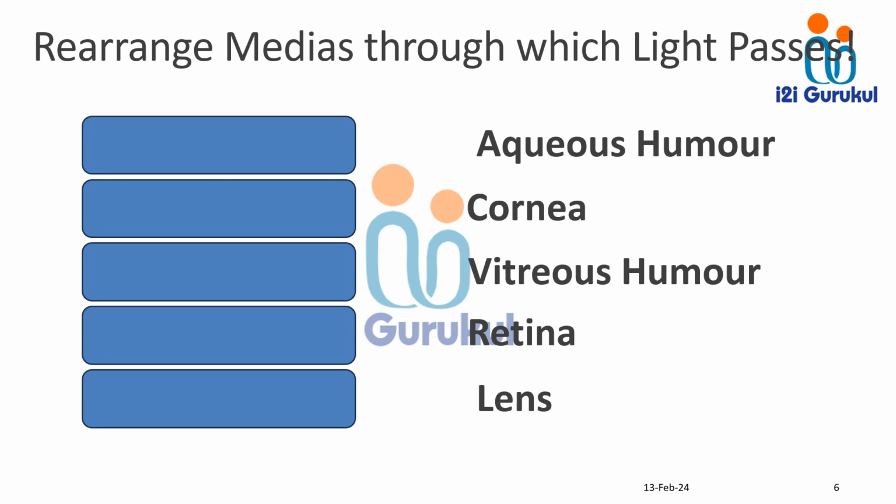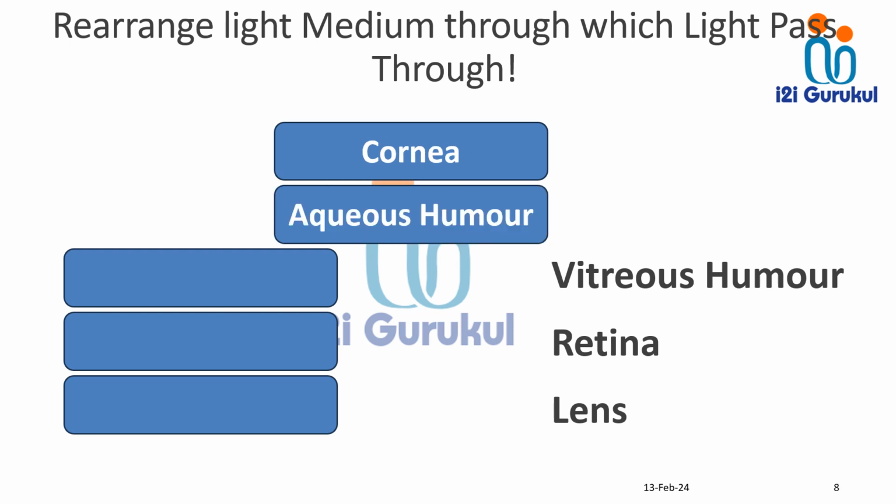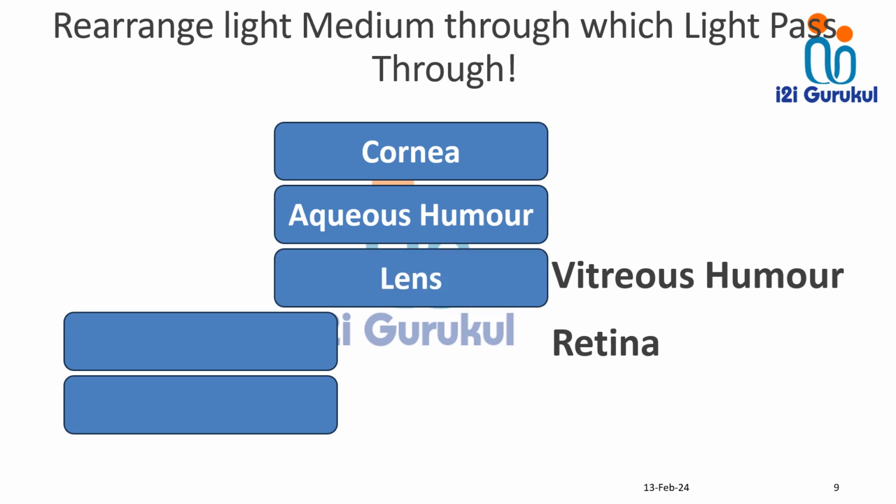The first place where the light falls, that is the medium, is the cornea, on the front surface of the eyeball. When light falls on the cornea, it converges and passes through the aqueous humor, and then it falls on the lens. During this process, the pupil controls the amount of light entering the eye. Unwanted light is blocked by the pupil, and the sphincter muscle helps to control the pupillary actions.